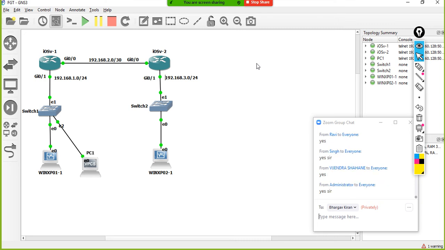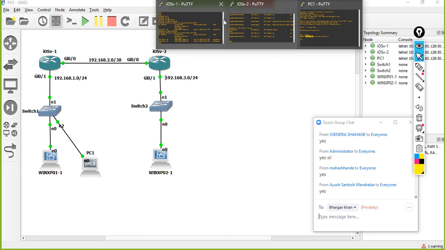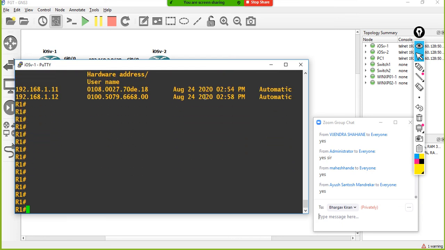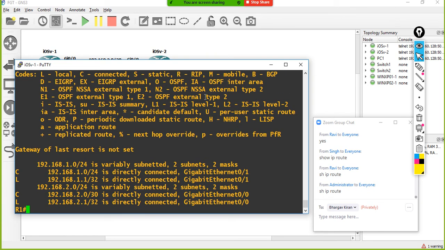Now, my first question for you: I am going to router 1 and I want to see the routing table. What is the command you are going to use to see the routing table? Show ip route. Now the fun is going to start, guys. Whenever you see the routing table, by default you can see the connected networks.